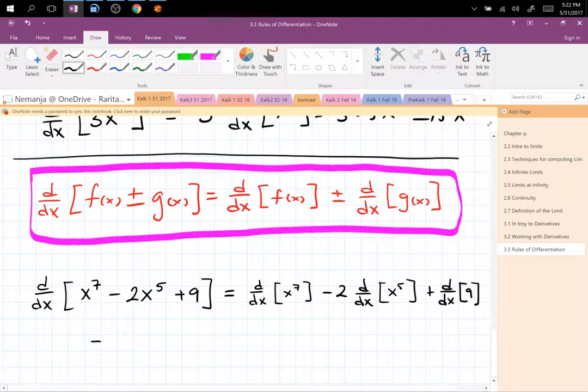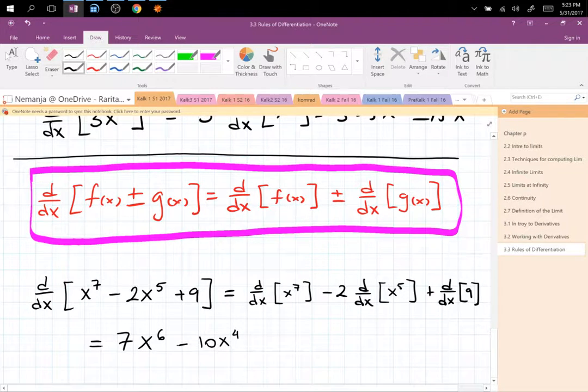So what's the derivative of x to the 7? And then the next one is, and the last one, plus 0. We don't have to write plus 0 because the derivative of a constant is 0.